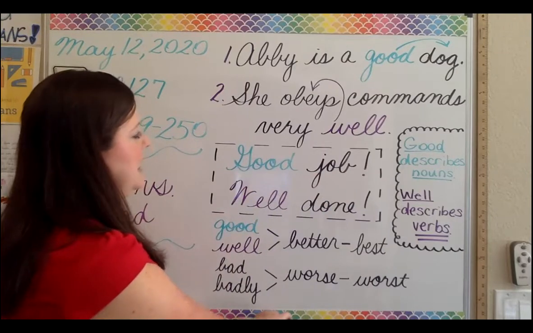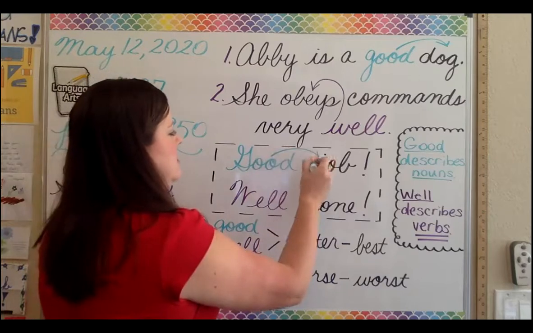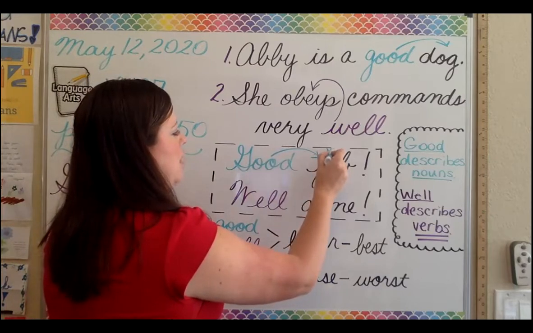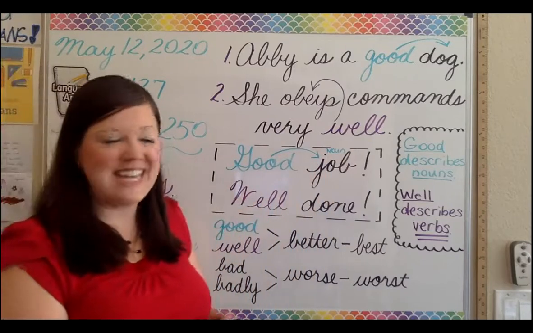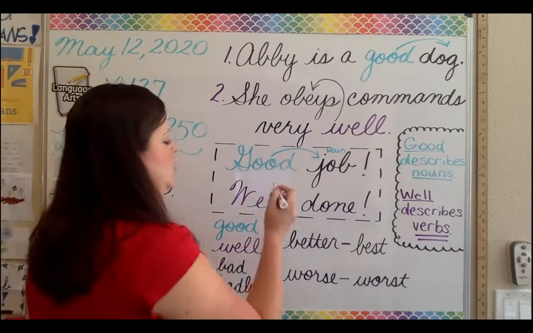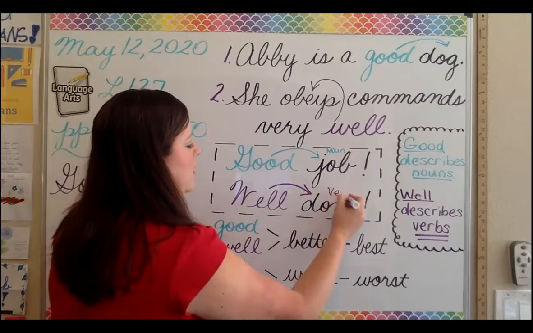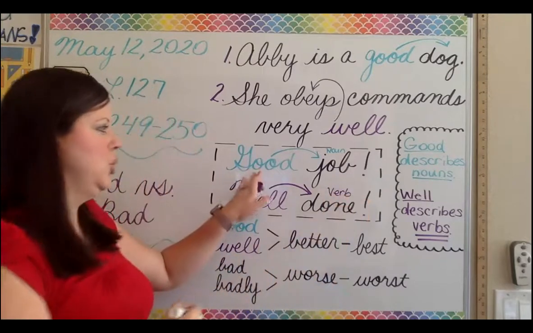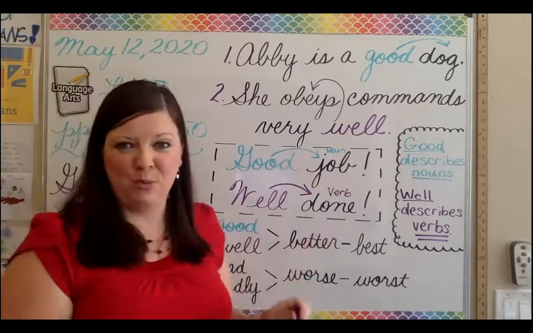That means good is an adjective describing this noun, job. Well is an adverb. It's describing how you are doing something. You have done it well. Good describes nouns. Well describes verbs.